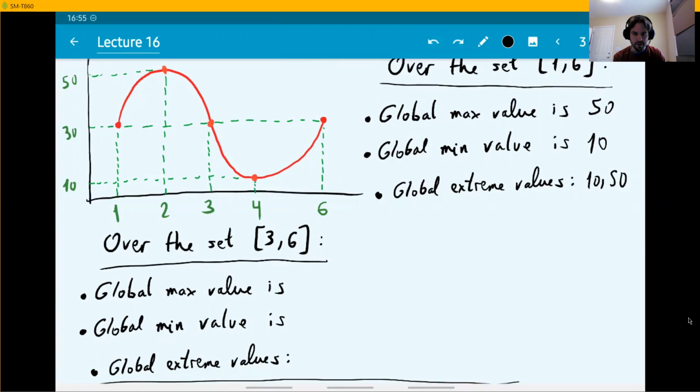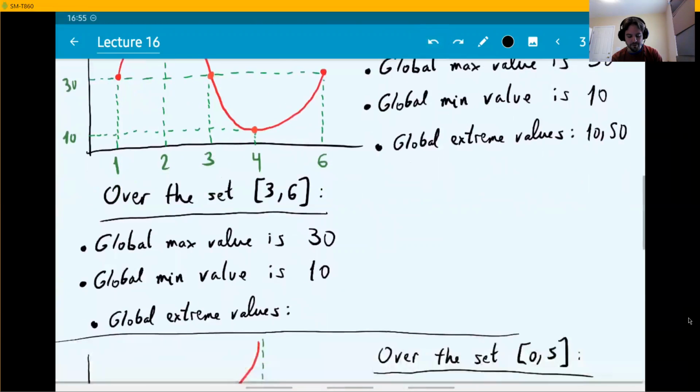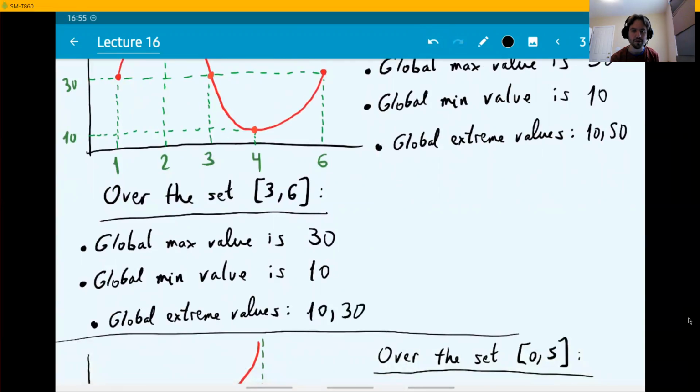The maximum value you can find between 3 and 6 for f of x is now 30. And 30 is actually attained at two different locations. It is both f of 3 and f of 6. Meanwhile, the global minimum value you can find is still 10. It is still f of 4. So those are the global extreme values over this piece between 3 and 6.